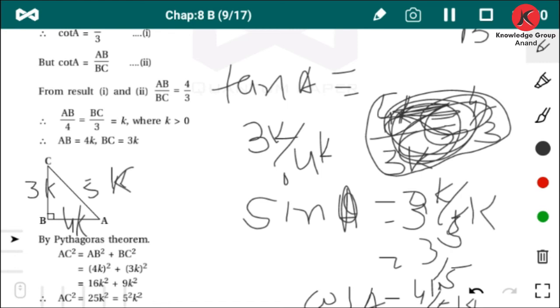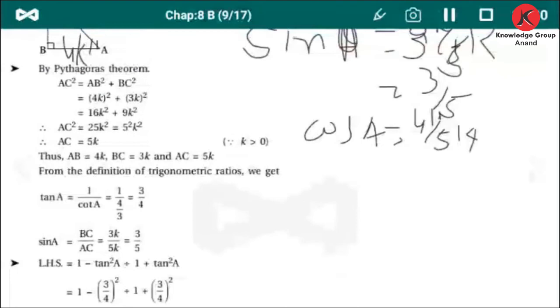Tan A is equal to opposite upon adjacent. Then I calculate here 3k upon 4k is equal to 3 by 4. And sin A is equal to 3k upon 5k, 3 by 5. And cos A is equal to 4 by 5.